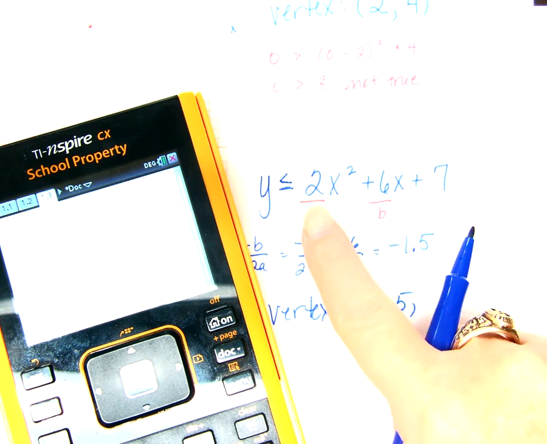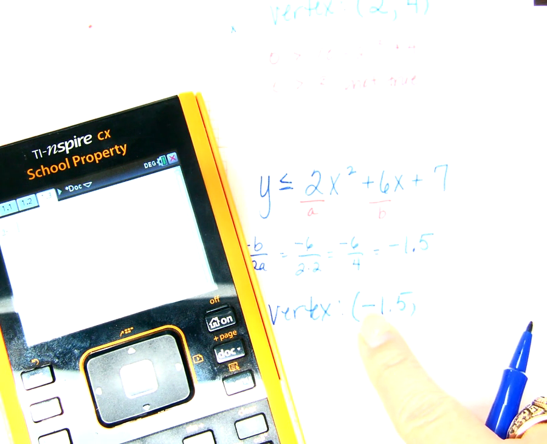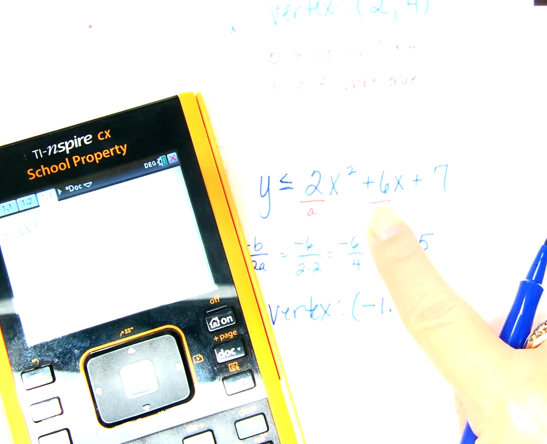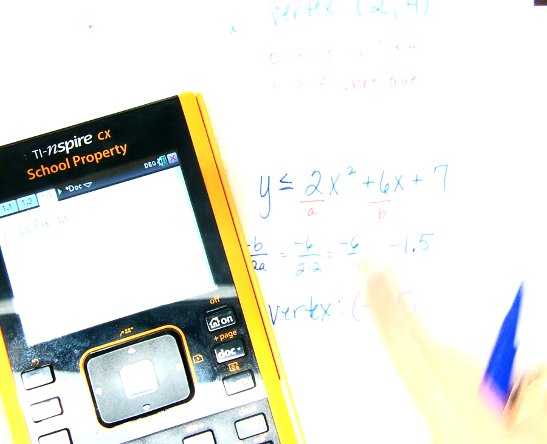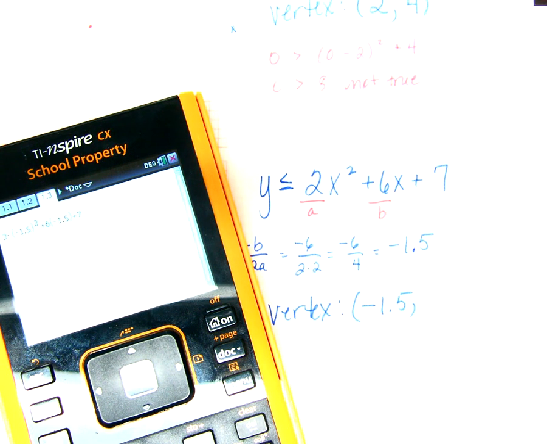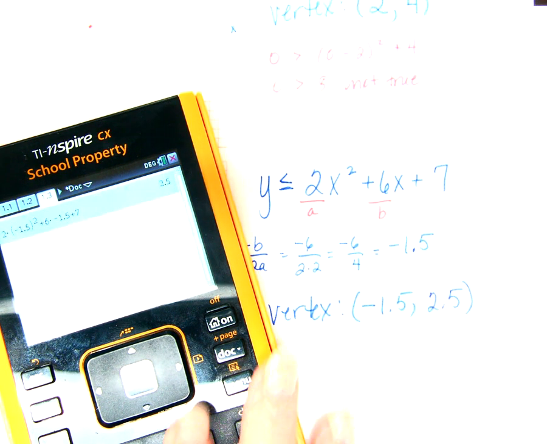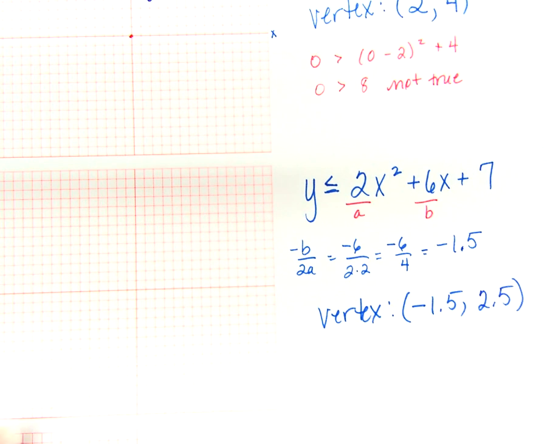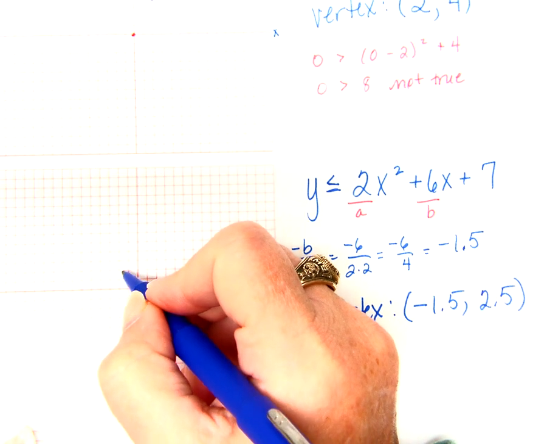So let's do 2 times negative 1.5 squared plus 6 times negative 1.5 plus 7. What's the y-coordinate? 2.5. So negative 1.5, positive 2.5.